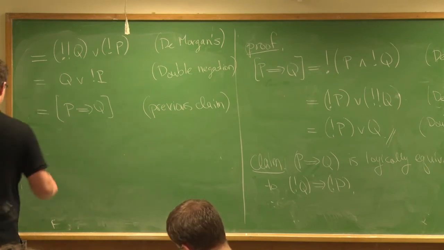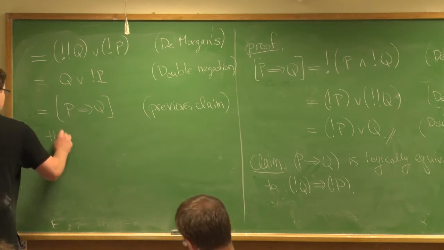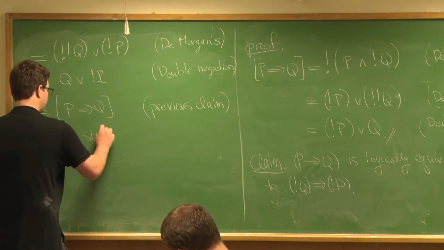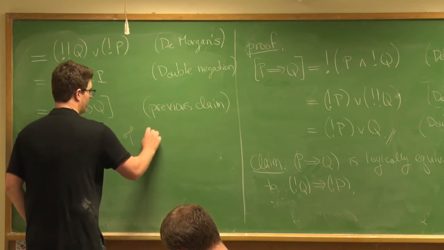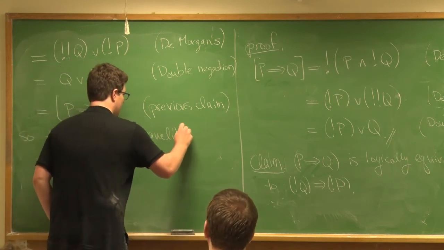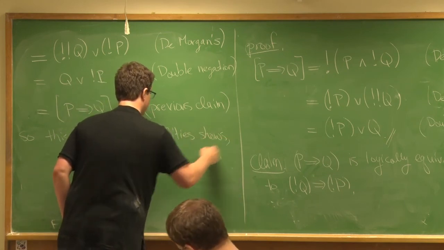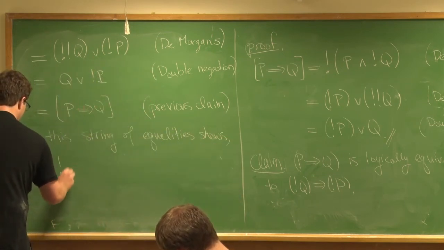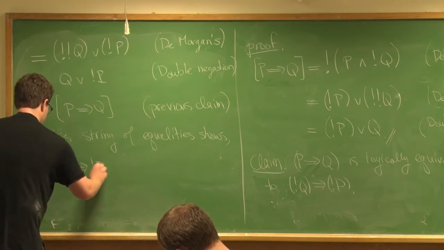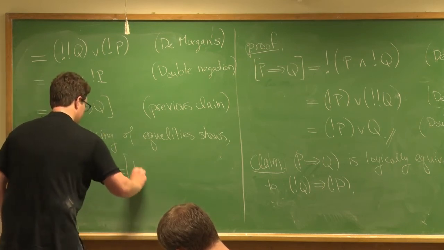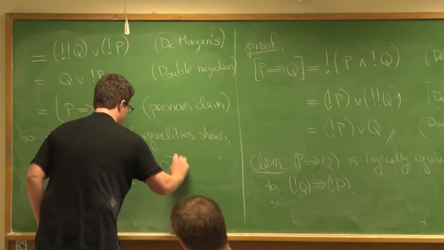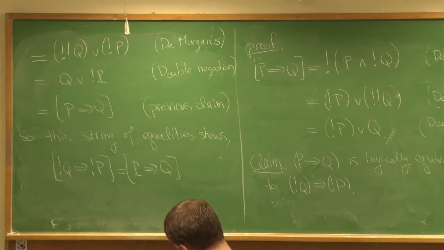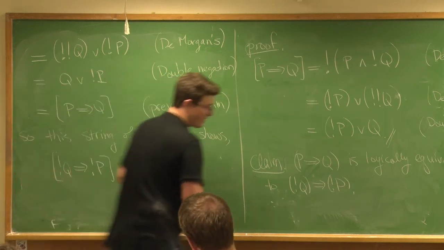Okay, so this shows this string of equalities, sorry, not inequalities, shows that not Q implies not P is logically equivalent to P implies Q. Okay, so these two propositions are the same, and this is how we show it. Okay, and that's the end of that.